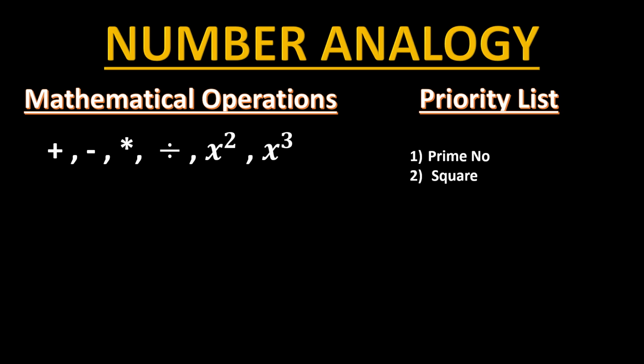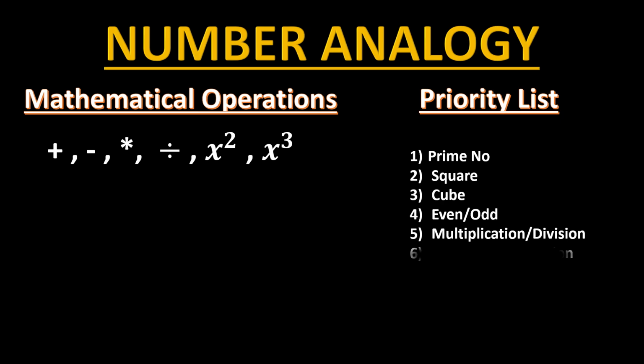Third priority will be cube. Fourth priority will be even or odd. Fifth priority will be multiplication or division. And the last priority will be addition or subtraction. You need to follow this priority list when you solve the problem.